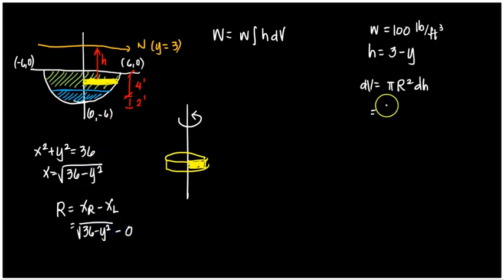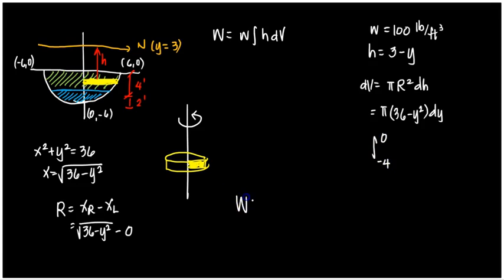Therefore, r squared is just 36 minus y squared. The dh is dy. And for the limit, even if the tank is originally filled with liquid, not all of it is going to be pumped out, only enough to lower the liquid to that point. That means from -4 to 0 is the portion being pumped out.